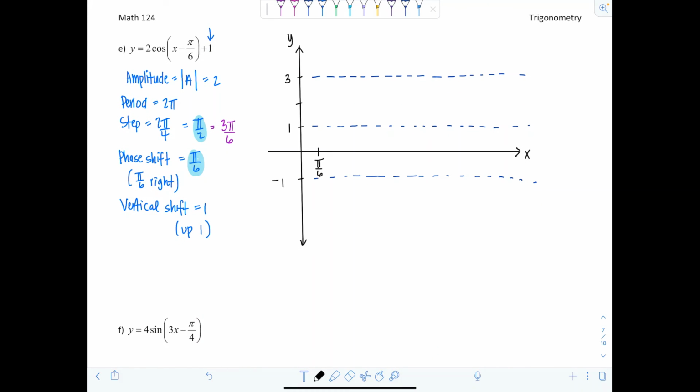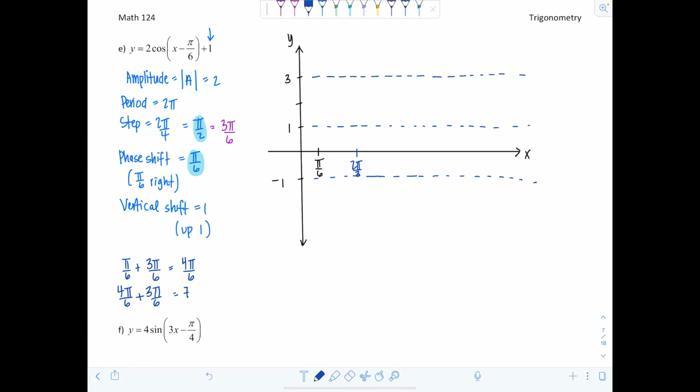So I've got 1 so far. We can do the fraction work over here if you need help. So pi over 6 plus the step, that's 3 pi over 6. That's 4 pi over 6, but reduce that. So that's 2 pi over 3. Let me space it better. 2 pi over 3 would be here maybe. Then take 4 pi over 6, add another 3 pi over 6.